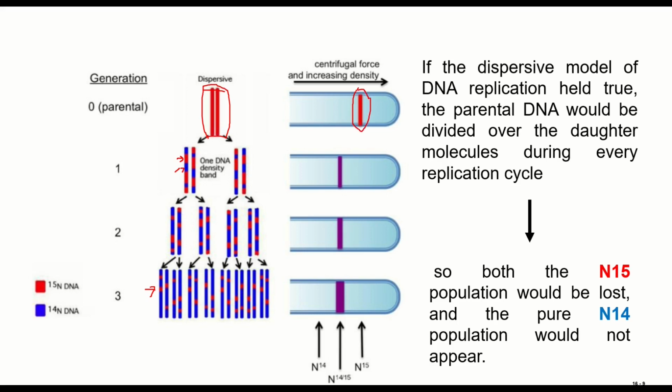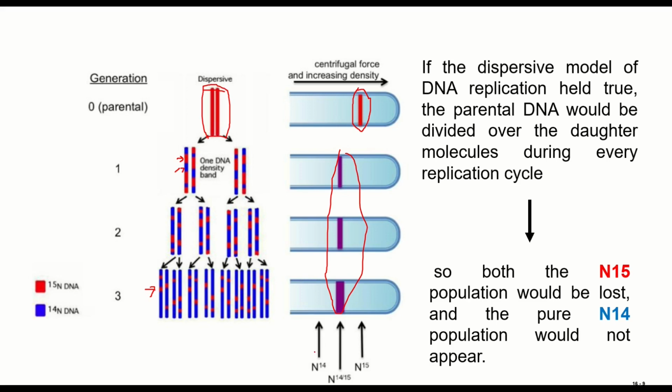In all the cases, conservative, semi-conservative, and dispersive, you start in the same way. All of them are N15, the heavy one, but in this case, you start having a mix between the old one and the new one.